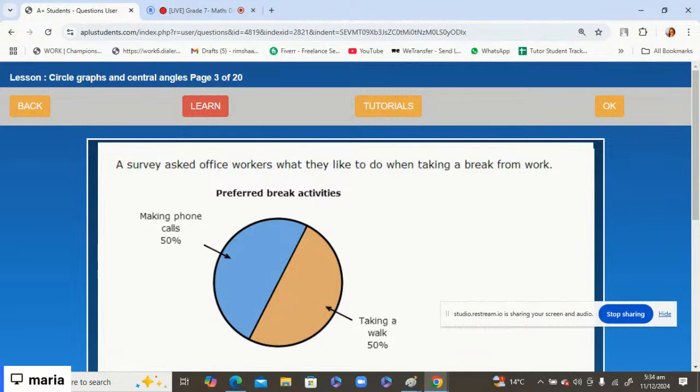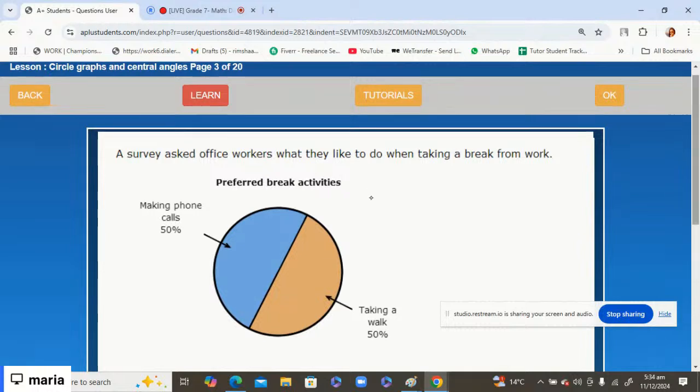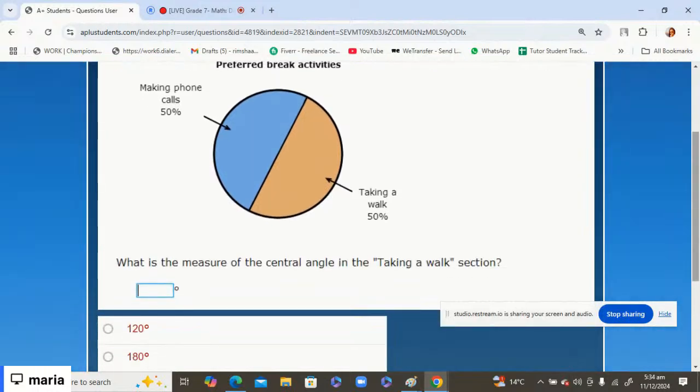There are two things here. What is the measure of the central angle in the taking a walk section? Taking a walk section is 50%. So 50% of 360, we're going to find it out and then check whether the answer is 120 or 180.